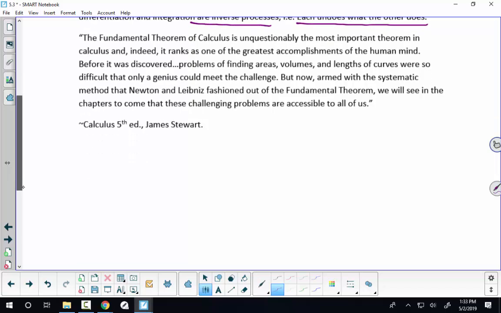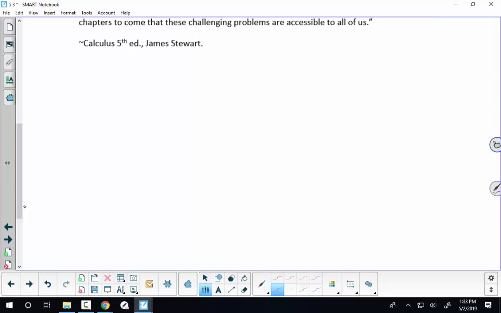I do want to go back and look at both of those now that we have both of those parts in context. If we revisit this problem and ask what is the derivative of the integral from 1 to x of the function t squared minus 1 dt, according to the first part of the fundamental theorem, what should that be equal to?